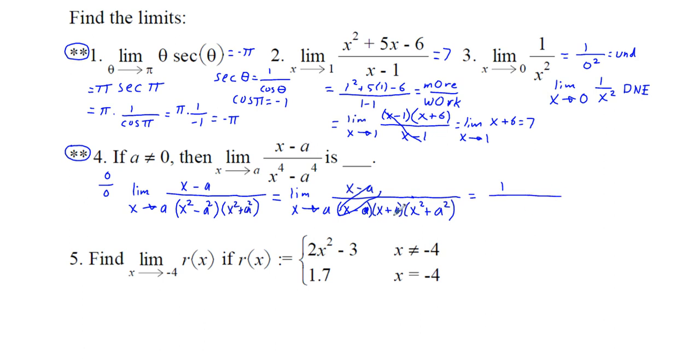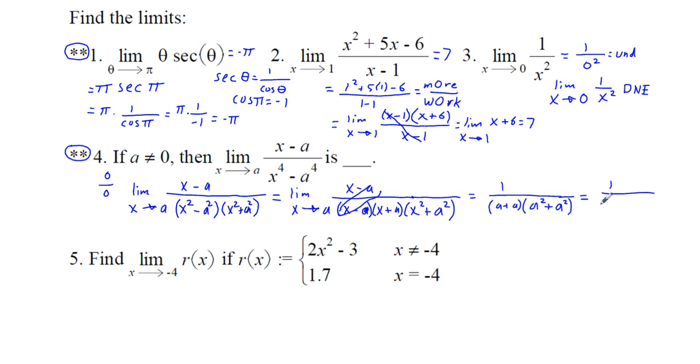In the denominator, we're going to have a plus a, and then, substituting a for x, we're going to have a squared plus a squared.